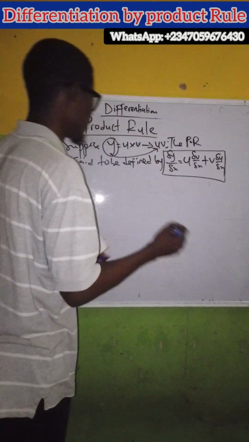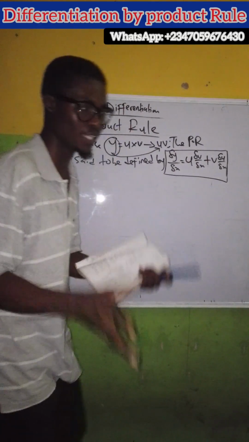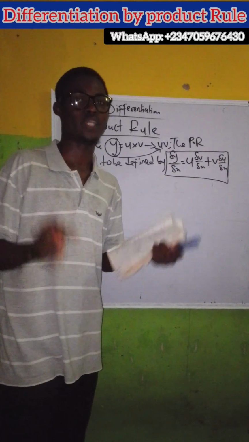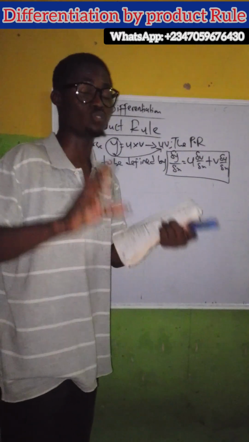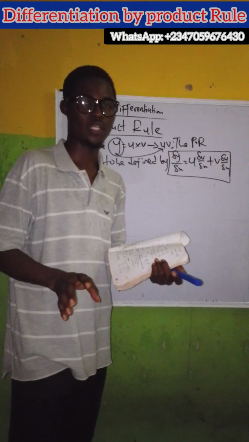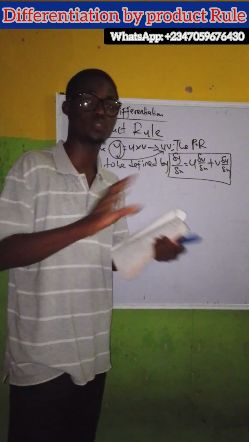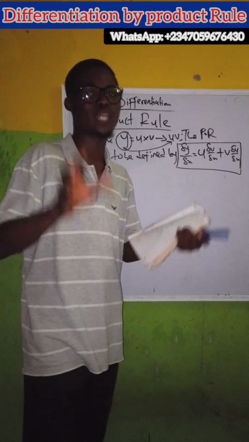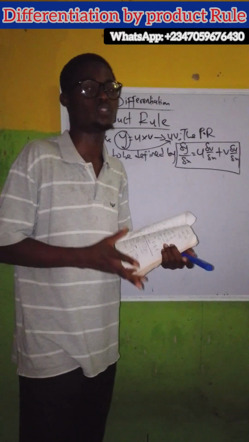Any question that has two brackets beside each other, you have to use product rule. Nobody will tell you to use product rule, but just understand this concept.